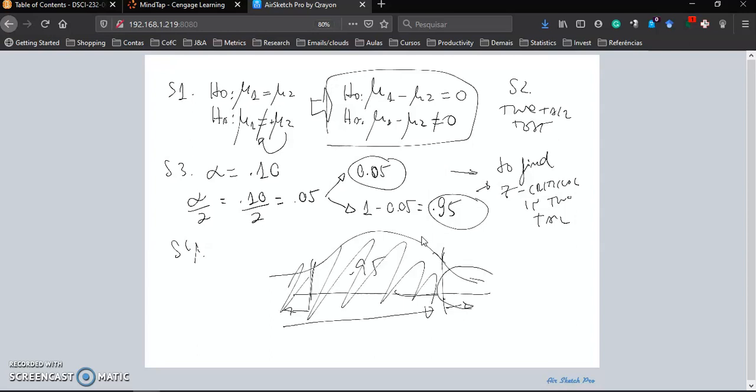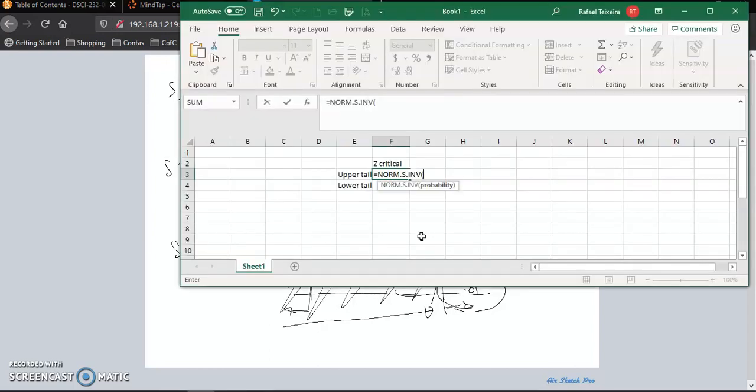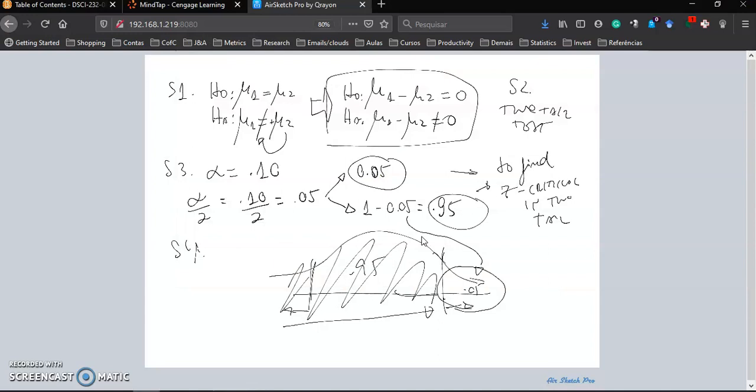So what is left here is this 0.05. Okay, so this is the reason I know that this is the number that goes in the upper tail here, 0.95, close parenthesis, and then the z critical in the upper tail is a positive number. So here's the z critical, 1.64, and this is the critical region.